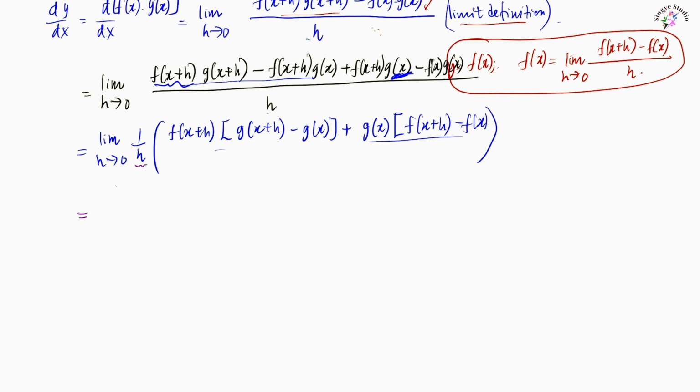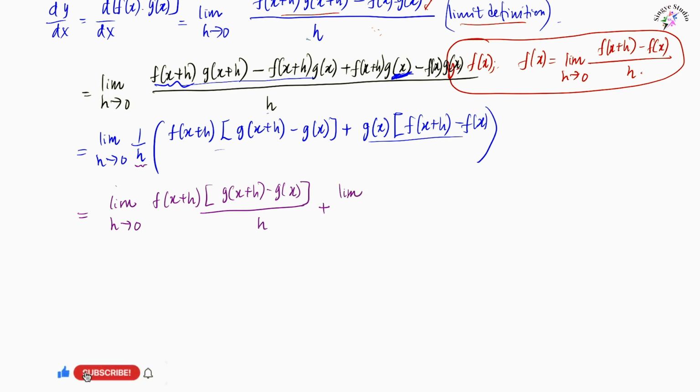By doing this, we will get the limit of h approaches to 0 of f of x plus h times g of x plus h minus g of x, divided by h, plus the limit h approaches to 0 of g of x times f of x plus h minus f of x, divided by h.